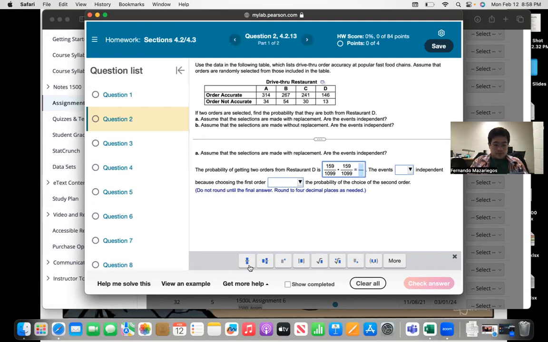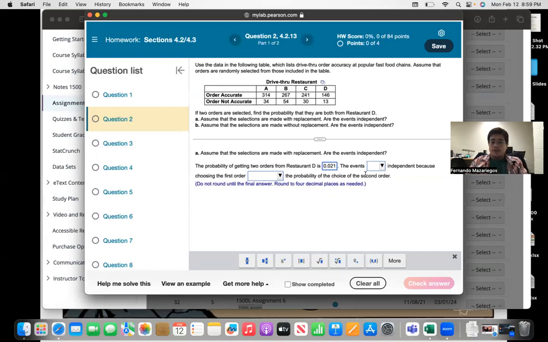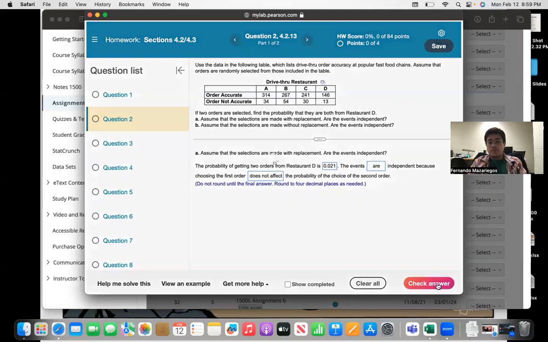So if we multiply these two numbers, we would get 25,281 over 1,207,801. And now we can calculate this quotient, which is 0.021. Now, the events are independent because choosing the first order does not affect the probability of the choice of the second order.